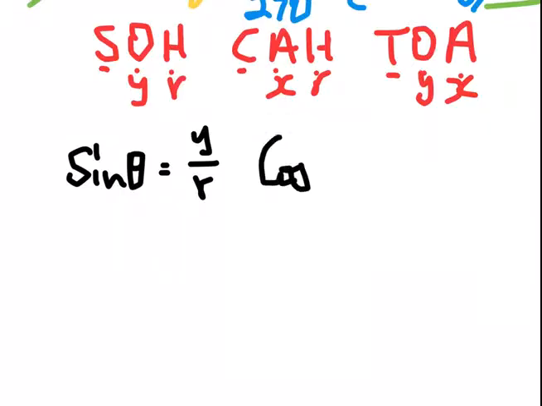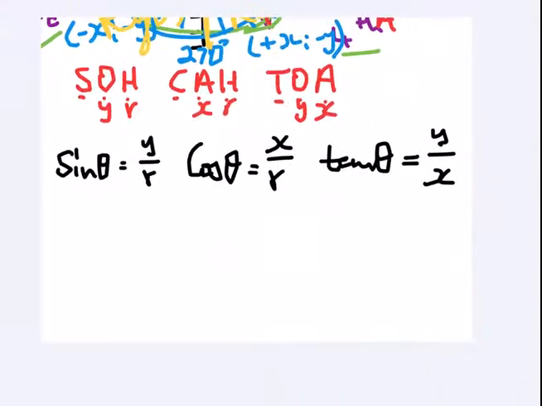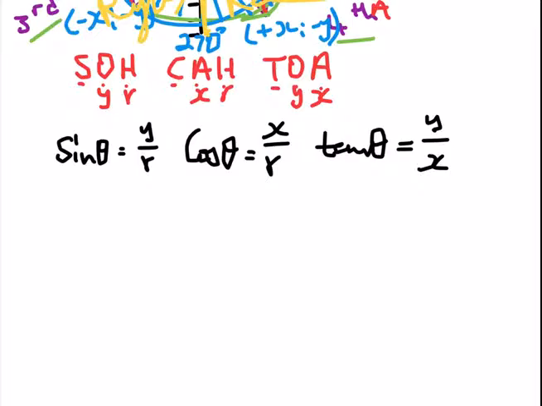And cos of an angle will therefore be x over r. And lastly, tan of an angle will therefore be y over x. That's all that I wanted you to be aware of.